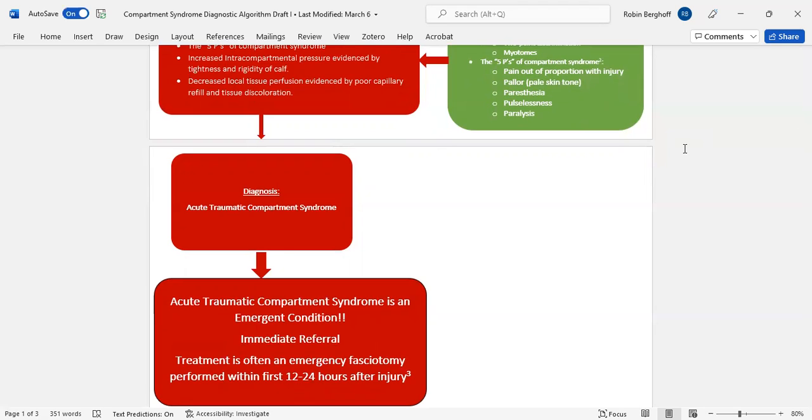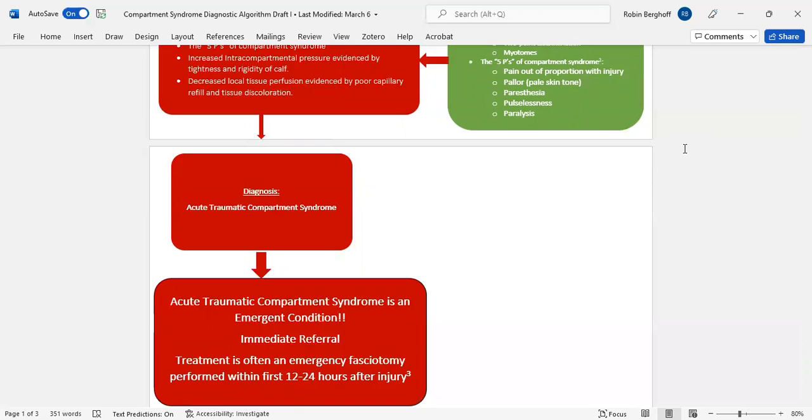And acute traumatic compartment syndrome is an emergent condition. So immediate referral to an emergency department is key to make sure that your patient, your athlete, whoever, is getting the care they need to prevent damage to the tissues, the nerves, and the structures in those compartments. A lot of times the treatment is an emergency fasciotomy performed within the first 12 to 24 hours.